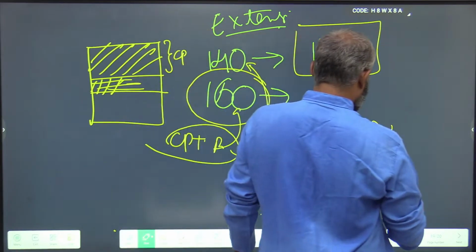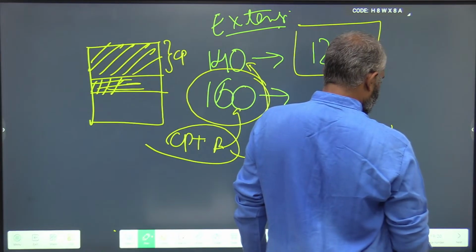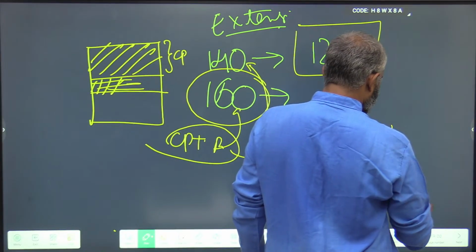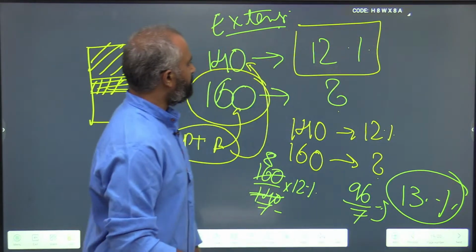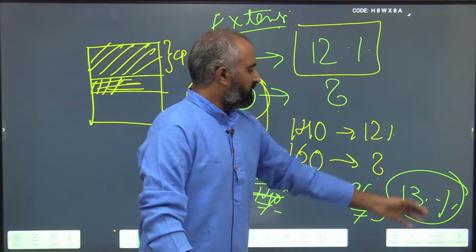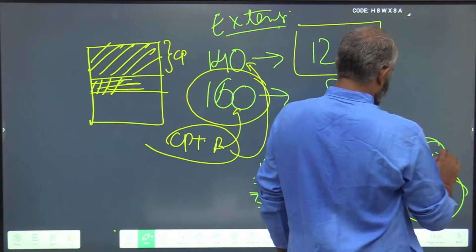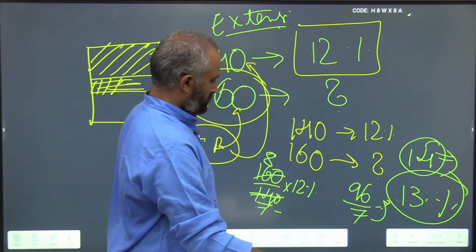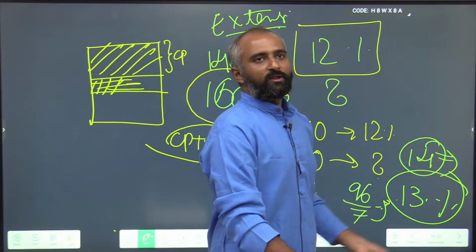So 7 ones are 7, 26. So some 13% change. Okay. So it was 12%. Now it is some 13 or 14%. Approximately 13 to 14%.